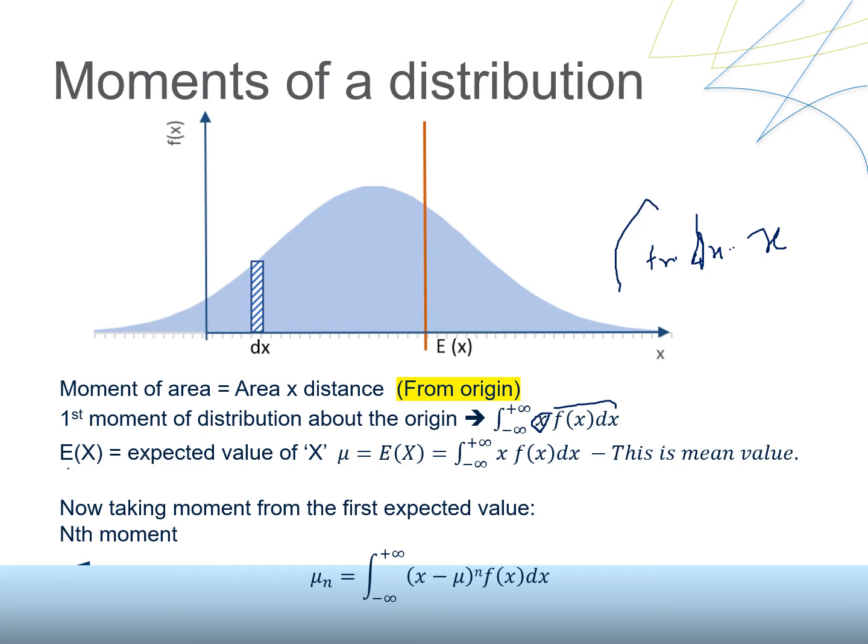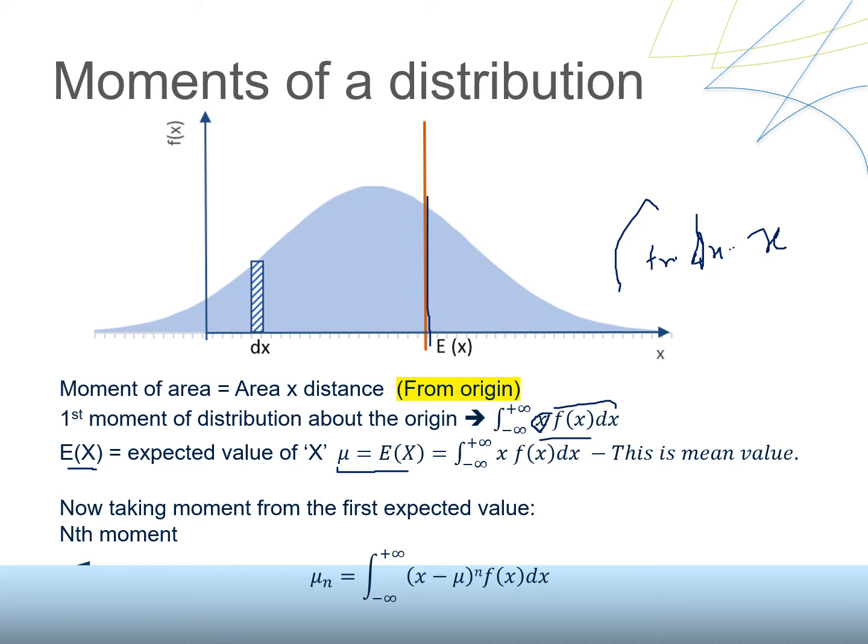And this E(x), or expected value of x, the first moment is the mean, right? If you calculate this, you will get the mean, which is this value. So the mean of the whole distribution is this value.